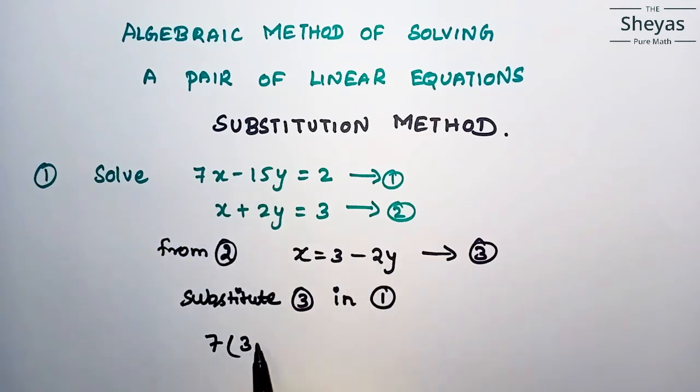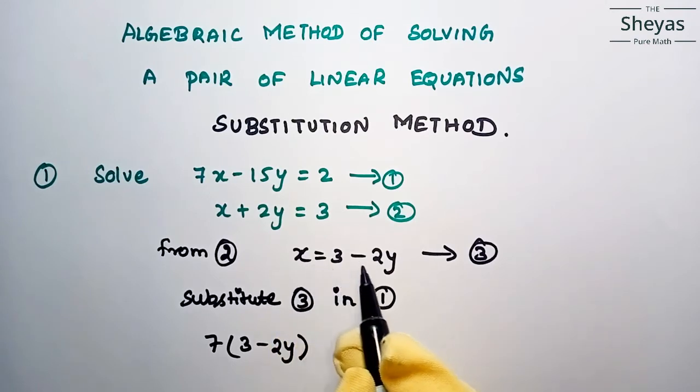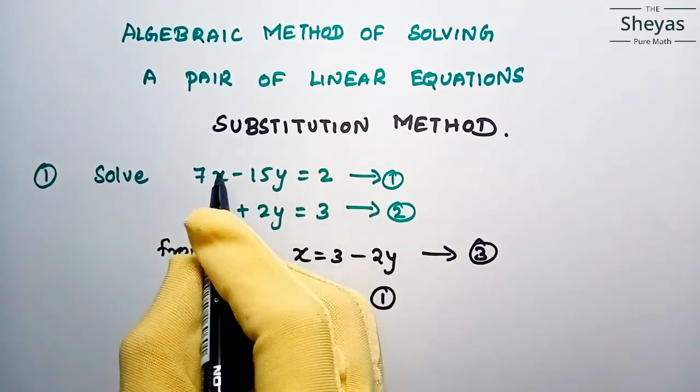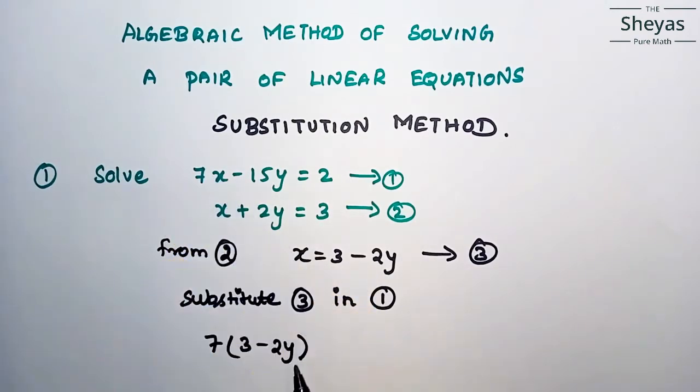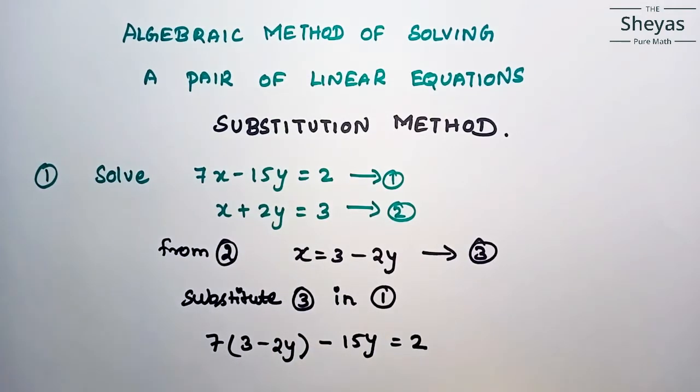So 7 into 3 minus 2y. What is x? 3 minus 2y. That you are substituting in this first equation. Minus 15y you can write as such, which is equal to 2.